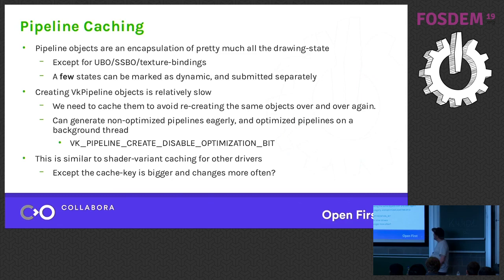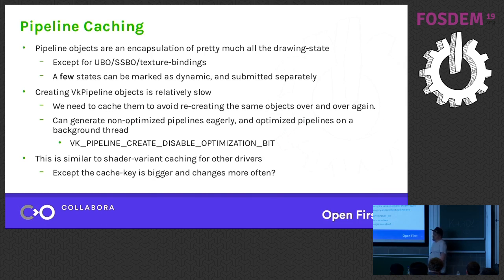For those who don't know what pipeline objects are, they're an object in Vulkan that encapsulate pretty much all of the draw state. These are relatively expensive to create, so we try to cache them and keep them around for the next time we try to use the same draw state.